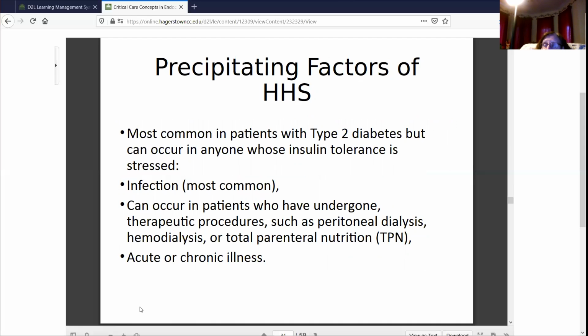An infection is one of the most common causes. It can occur in patients who have undergone therapeutic procedures such as peritoneal dialysis, hemodialysis, or total parenteral nutrition, TPN. And it can result from an acute or a chronic illness.